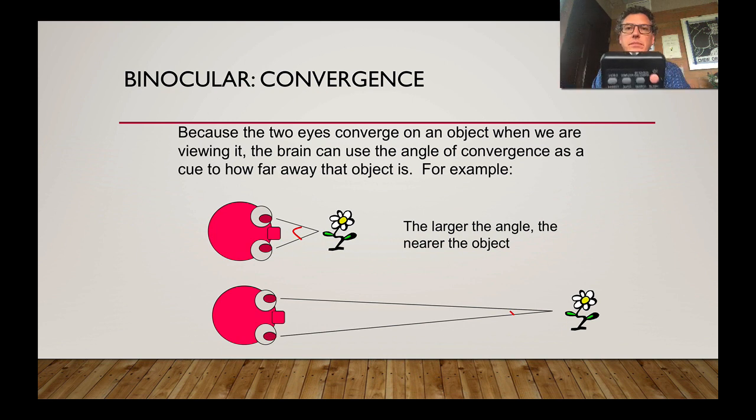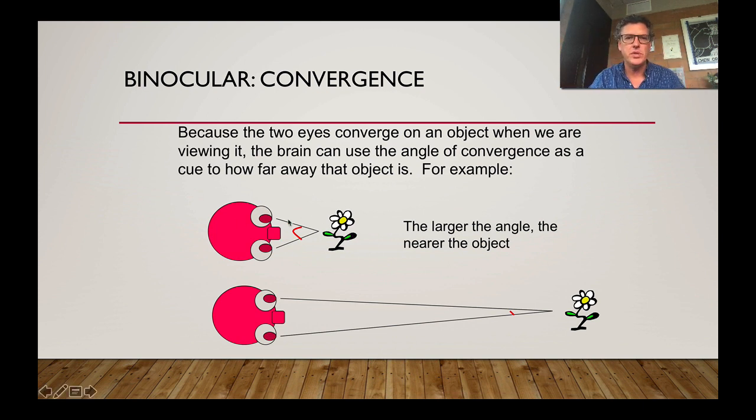Okay? Eventually they start to look in, and you can actually go cross-eyed at some point if you want to, but you don't want to go cross-eyed. The further it is away from me, the more my eyes do this. And when it comes closer, the more they do this. So it's convergence. And I show you that down in the picture here.